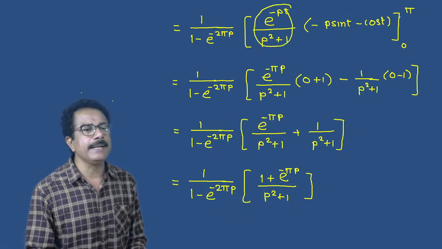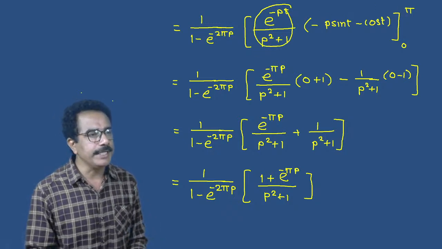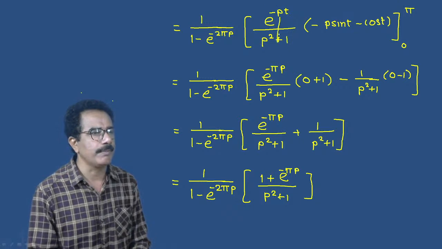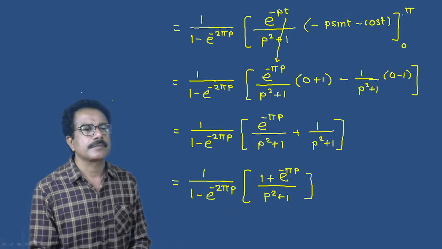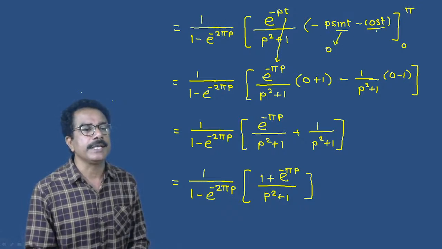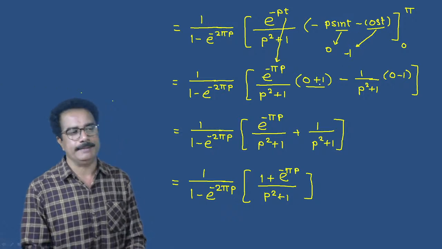When we put the upper limit in place of t, we have to put pi. So e raised to minus p pi. Now sin pi goes to 0, cos pi goes to minus 1, so minus minus plus 1. It will be 0 plus 1.